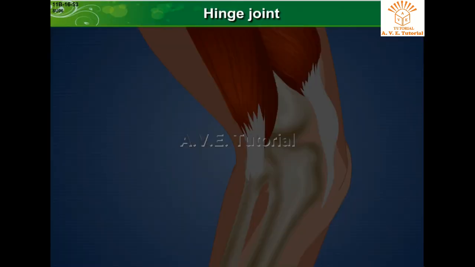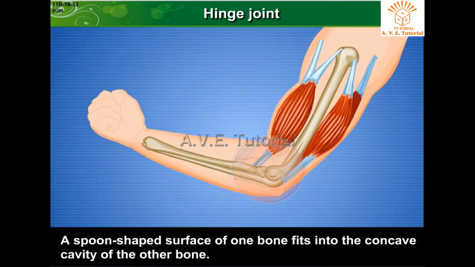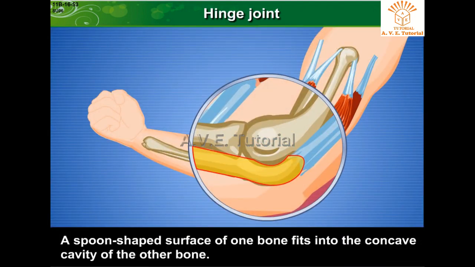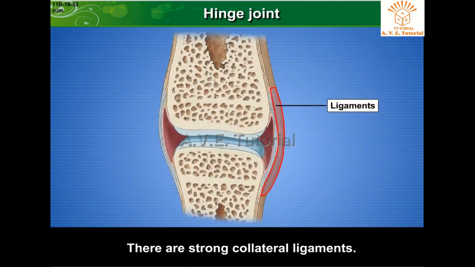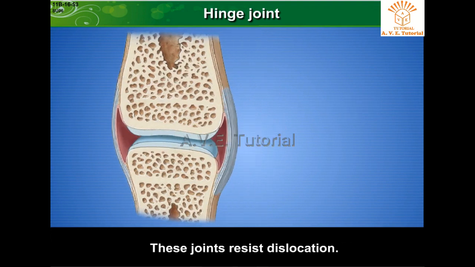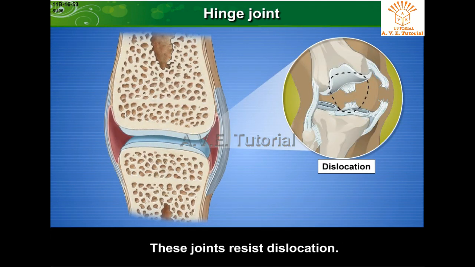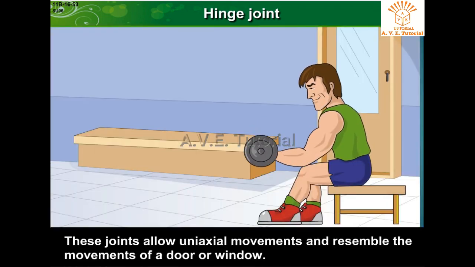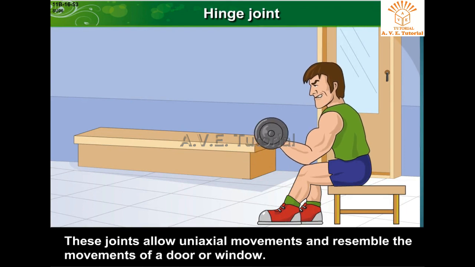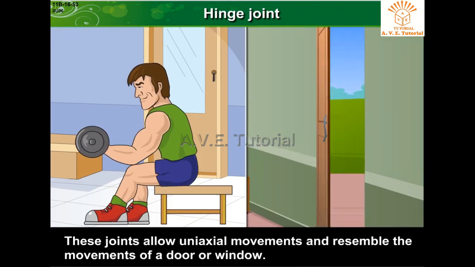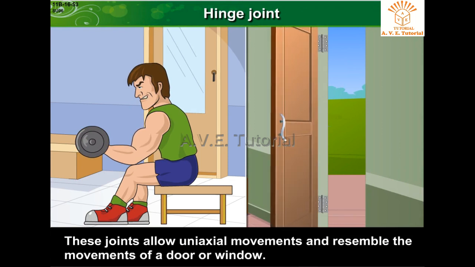2. Hinge joint. A spoon-shaped surface of one bone fits into the concave cavity of the other bone. There are strong collateral ligaments. These joints resist dislocation. These joints allow uniaxial, that is 180 degrees, movements and resemble the movements of a door and window.